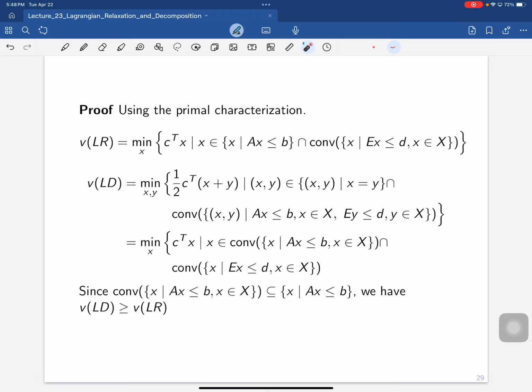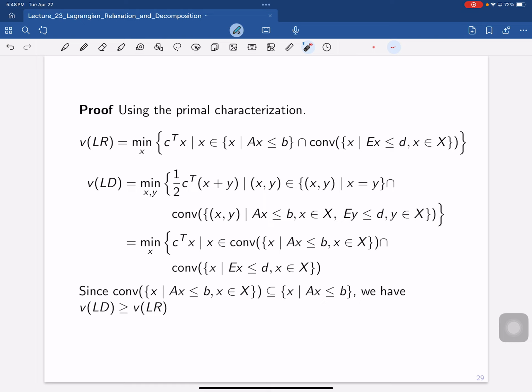The primal characterization of the Lagrangian decomposition is, again, you intersect the constraints you have dualized, which is x equal to y, with the constraints you did not dualize.